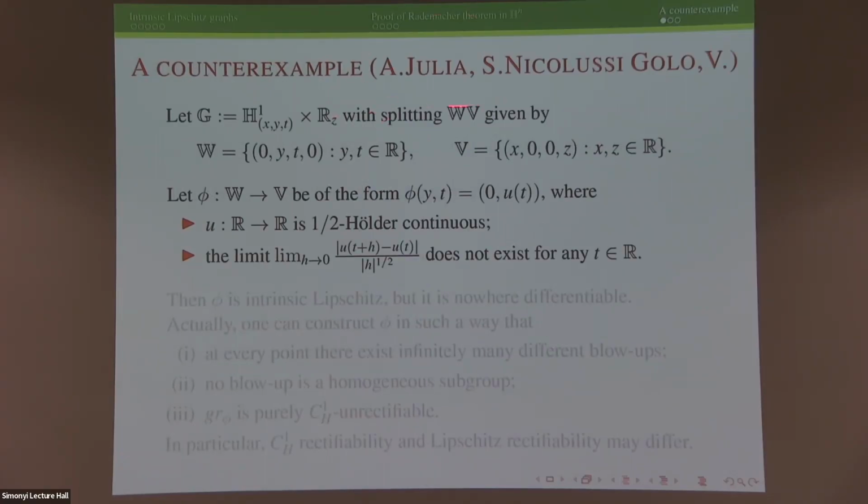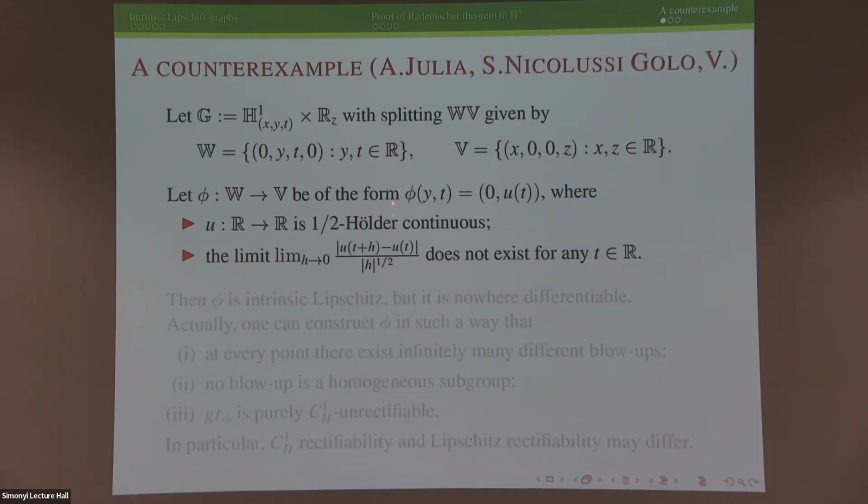We found a 4-dimensional group, which is Heisenberg times R. Forget the splitting: it is a 2-dimensional subgroup W and another 2-dimensional subgroup V. And we were able to produce an intrinsic Lipschitz function phi for which Rademacher does not work.